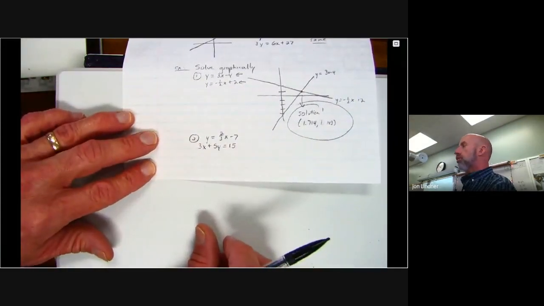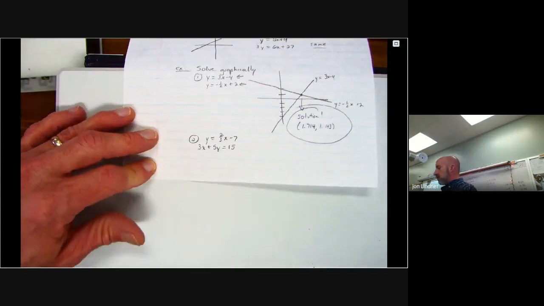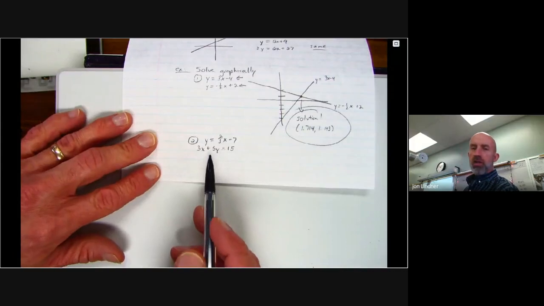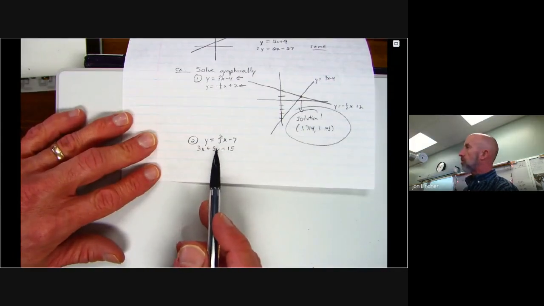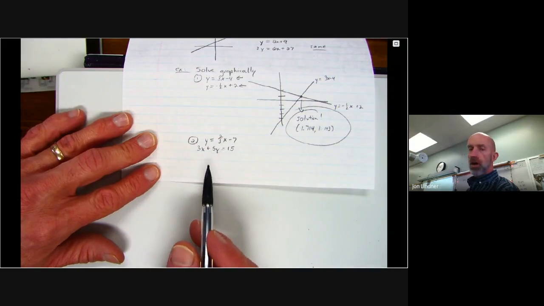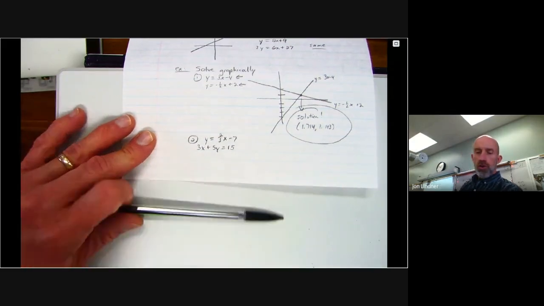And I wanted to solve that system of equations. You do not have to put this in y-intercept form before you put it in Desmos. Desmos makes this great. All you have to do is put those in.